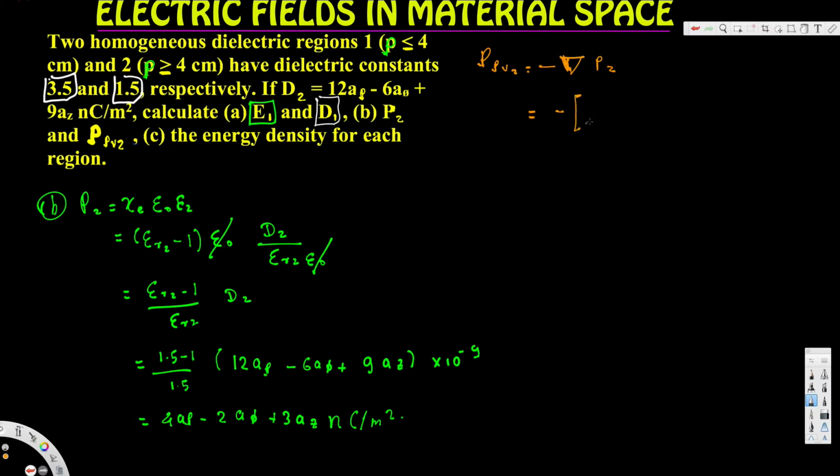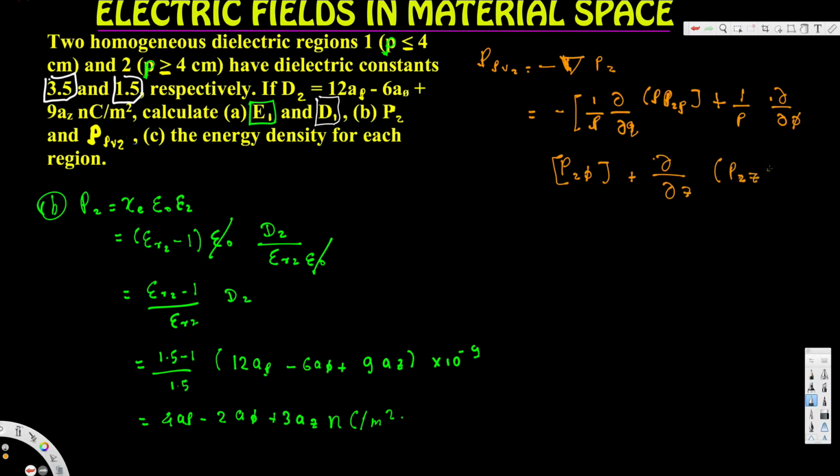Negative del dot P2 is basically 1 over rho partial derivative with respect to rho of rho P2 rho, plus 1 over rho partial derivative with respect to phi of P2 phi, and also we have to do the partial derivative with respect to z of P2z.